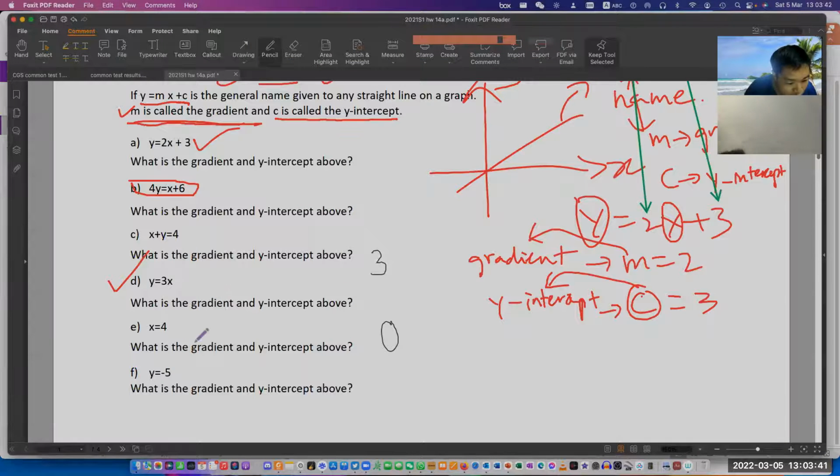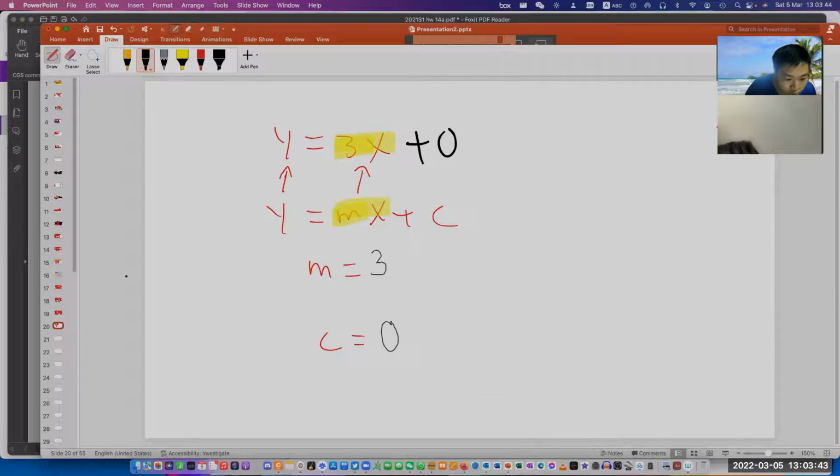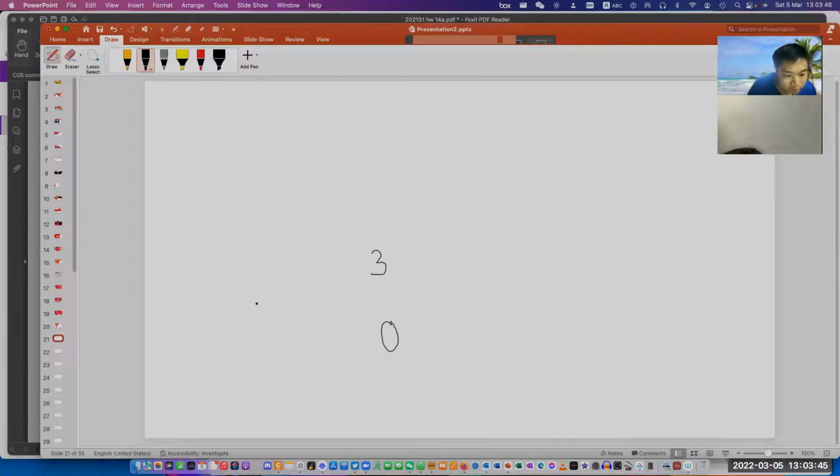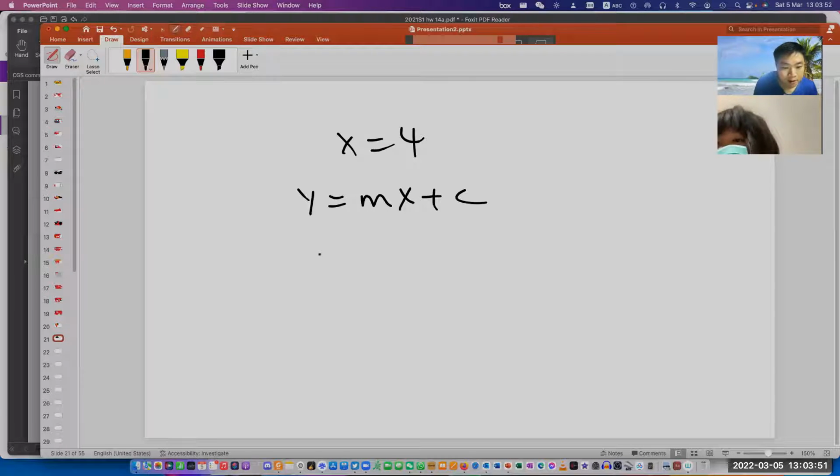Okay, what about x equals 4? So write down y equals mx plus c. So what's your m?